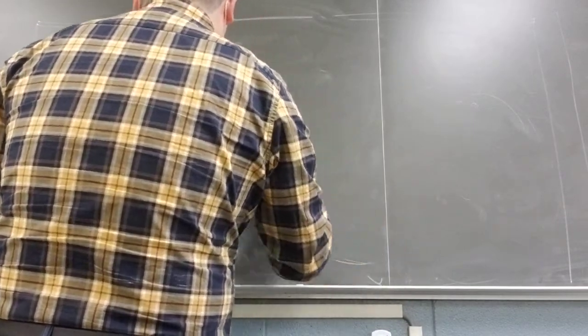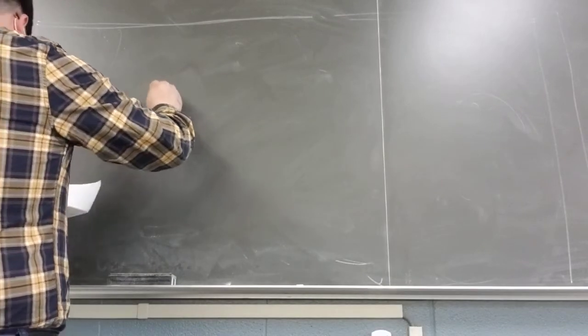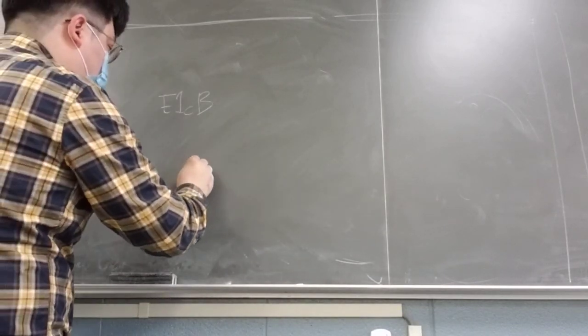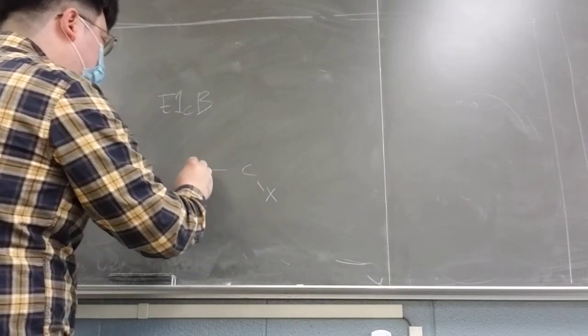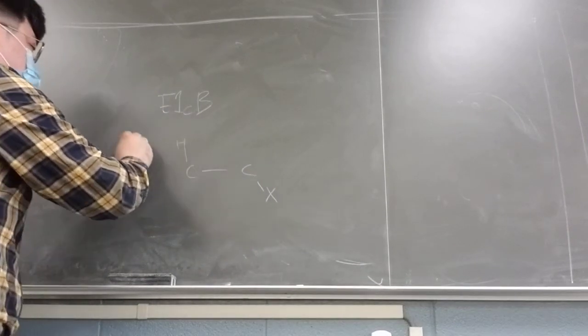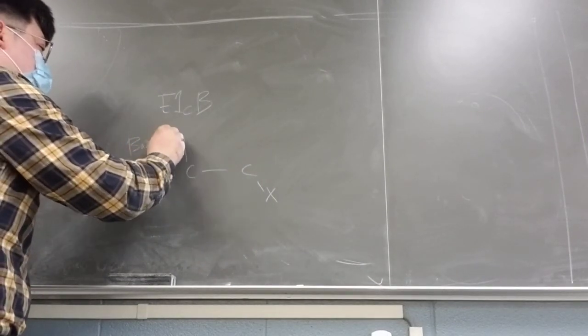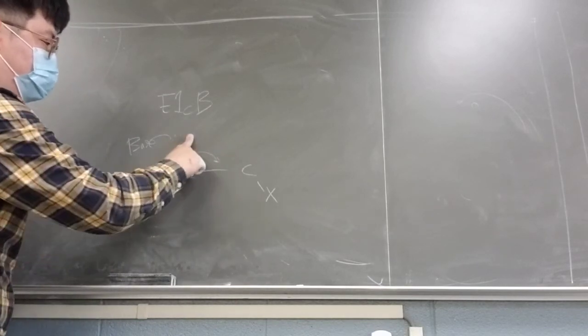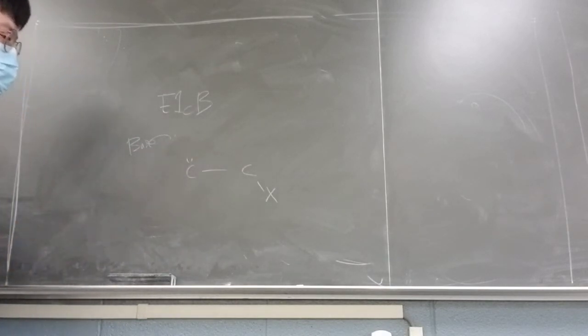Good. So the last one is E1cB. I'm not going to do this on the final exam, to be honest. But what it does is, whenever you have a leaving group, the base comes and grabs the hydrogen first, but the electrons do not go to the double bond first. They stay on the carbon in one step.